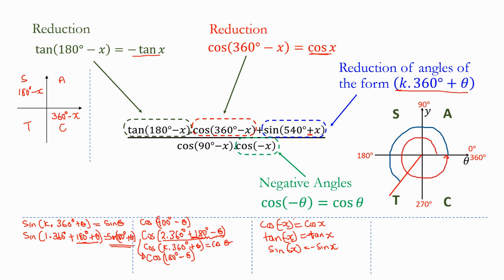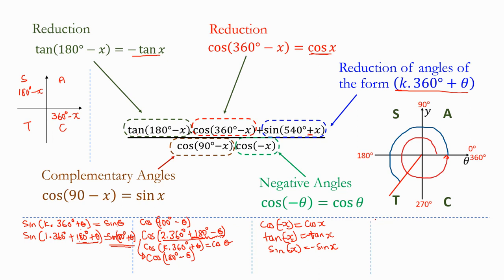And then the last one, these are complementary angles. Remember, complementary angles. Okay, so cos 90 minus x is sine x. Just remember this. Let me just write the four of them. Sine 90 minus x is equal to cos x. And then sine 90 plus x is equal to cos x.